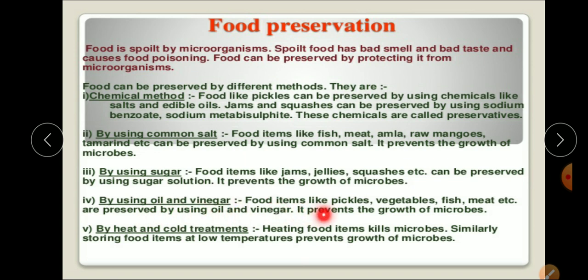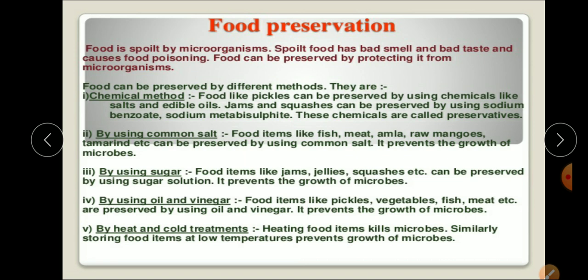Food items like pickles, vegetables, fish, meat, etc. are also preserved by using oil and vinegar. It prevents the growth of microbes. The last one is by heat and cold treatments. That is, heating food items kills microbes. Similarly, storing food items at low temperatures prevents growth of microbes.